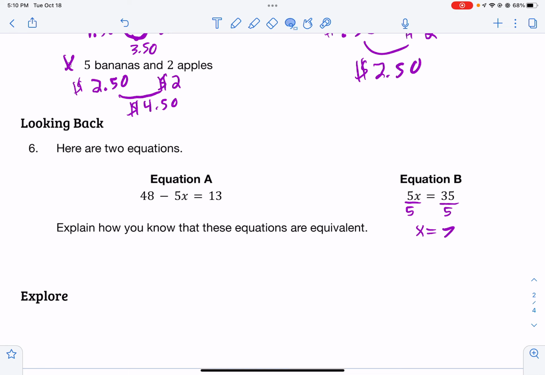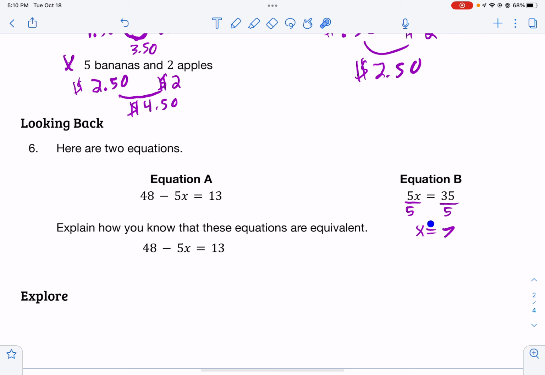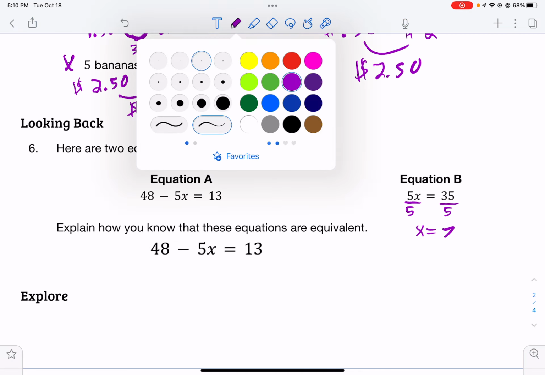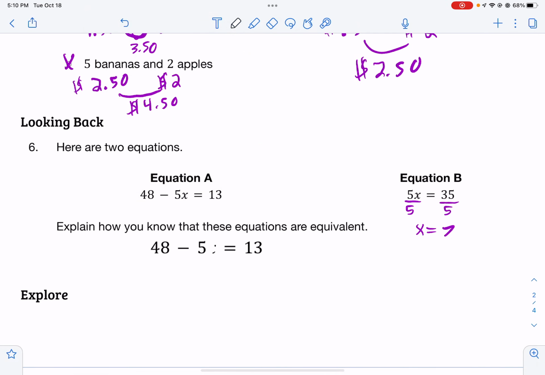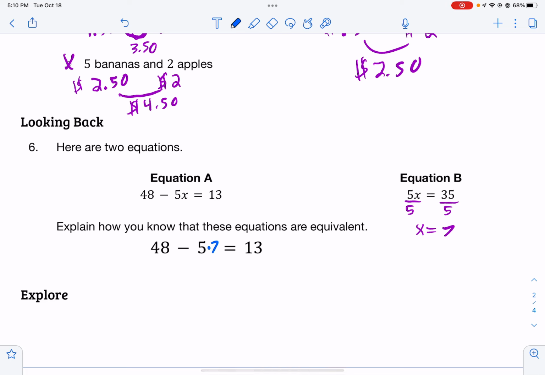And now what we're going to do is take x equals 7, put it into this equation, and see if it gives us something that's true. If these are equivalent equations, remember they'll have the exact same solution. So we're just going to put 7 here and see if this gives us something that's true. So we have 48 minus 5 times 7 is 35 equals 13. 48 minus 35 gives us 13.